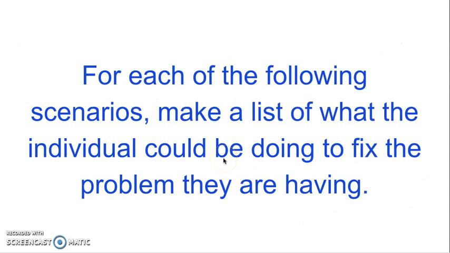For each of the following scenarios, make a list of what the individual could be doing to fix the problem they are having. You'll be asked to record the independent variable and the dependent variable. Remember that the independent variable is the thing that the individual is choosing to test or change in their particular scenario.